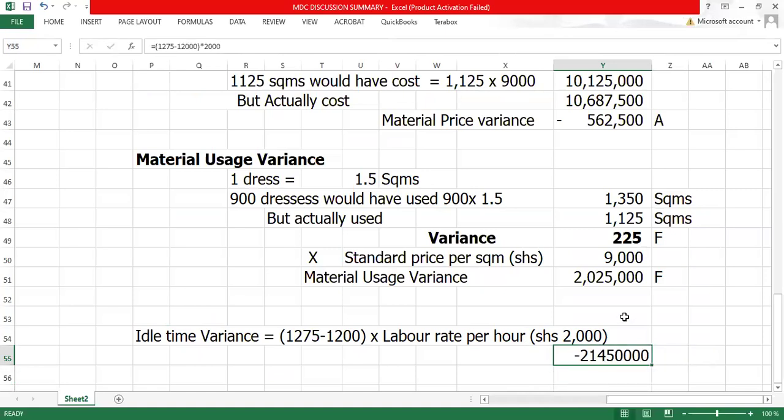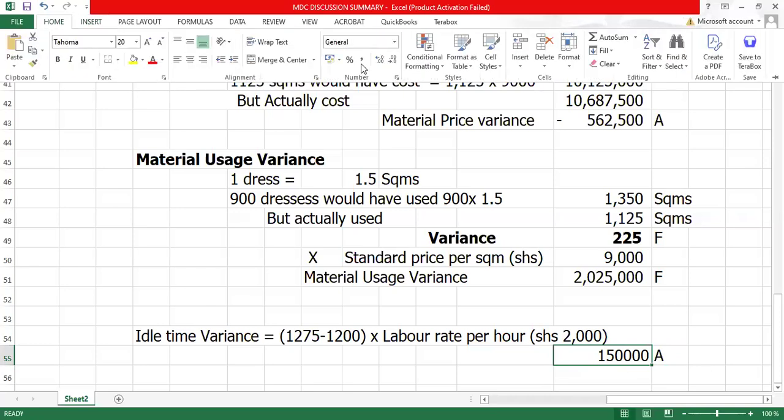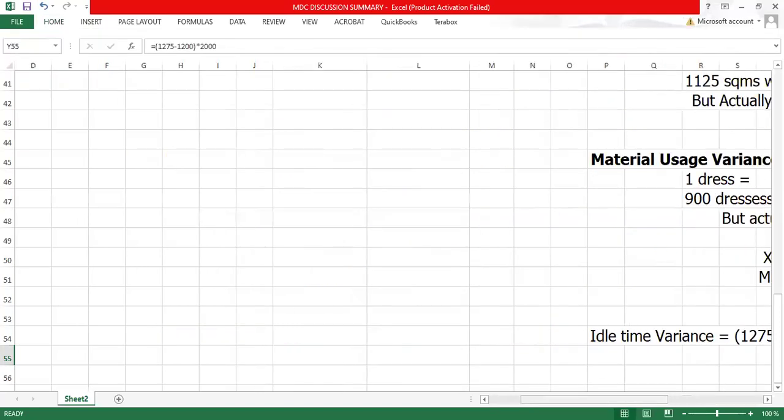That is your figure, but it is adverse. Okay, you report that in your template as a negative 150,000.